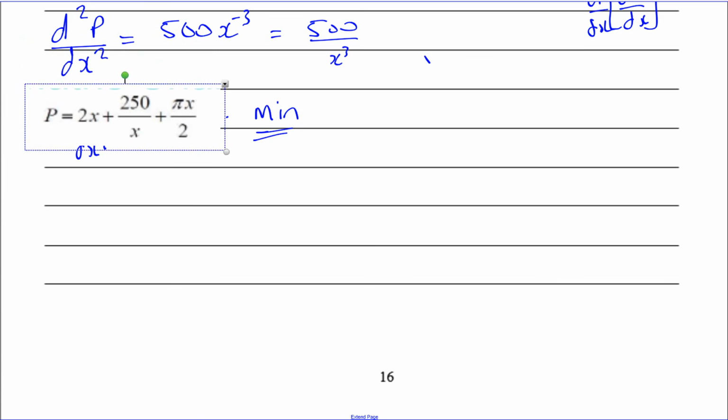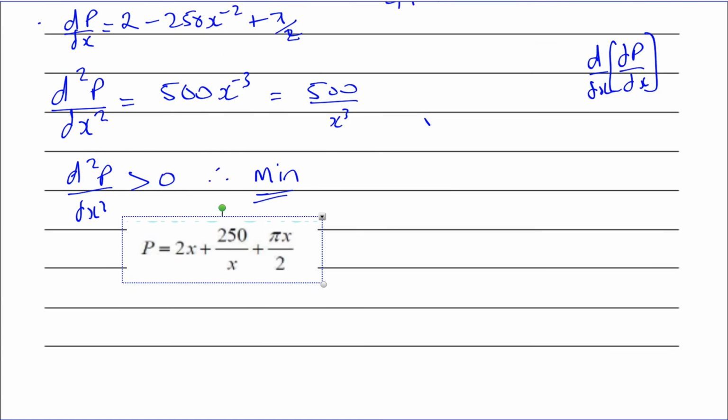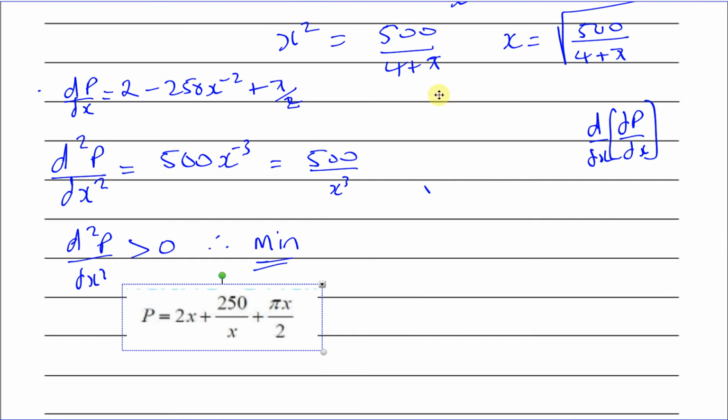So I've got this down here. Now the value of x we found was the square root of 500 over 4 plus pi.